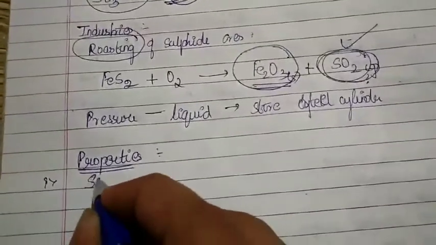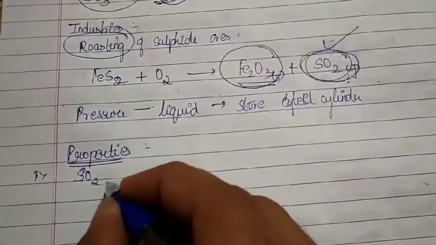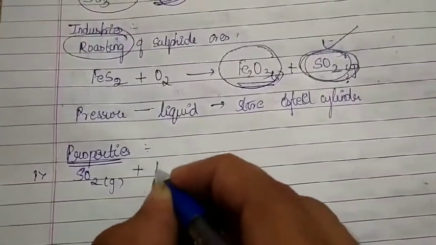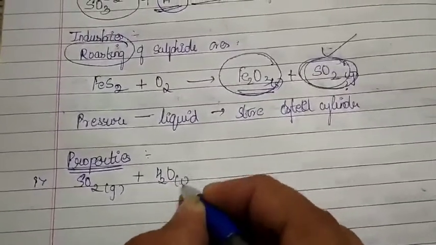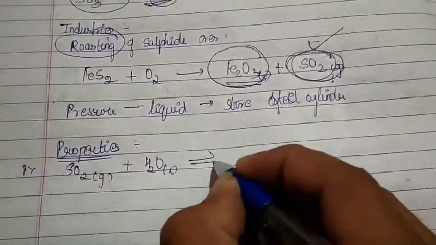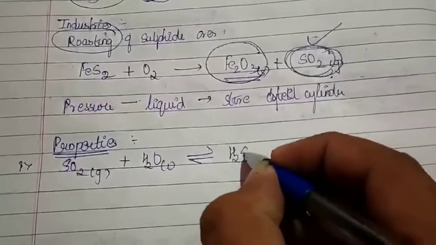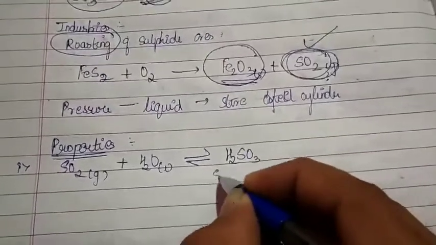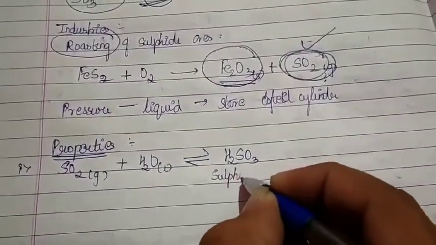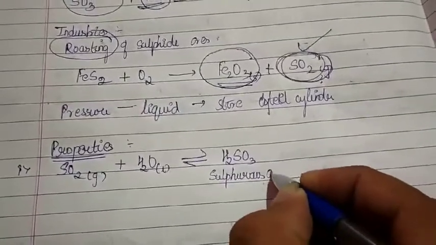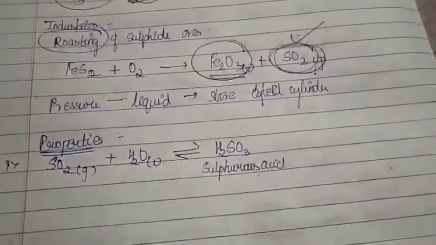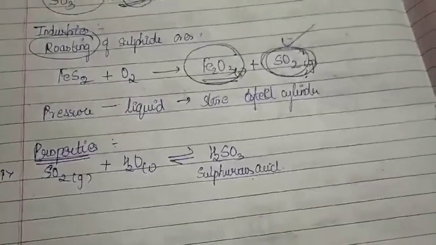Of course, what do you think, any idea? Remember, whenever SO2 reacts with water, it gives sulfurous acid, H2SO3. Just remember the name, sulfurous acid. Are you getting my point? H2SO3, not sulphuric.